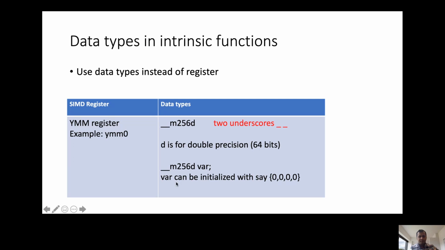Now the variable can be used like a wide register. This variable can be initialized to store 4 numbers, for example 0, 0, 0, 0. It can store 4 because a double data type takes 64 bits and this has 256 bits. So you can store 4 double precision floating point numbers here.